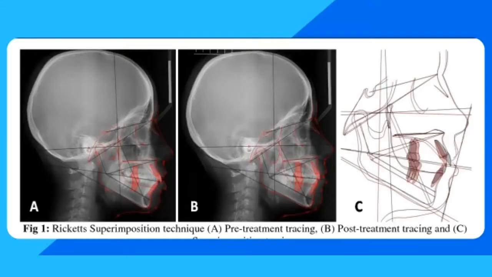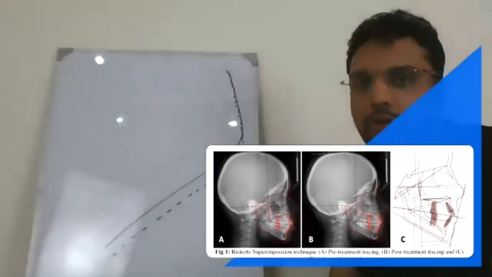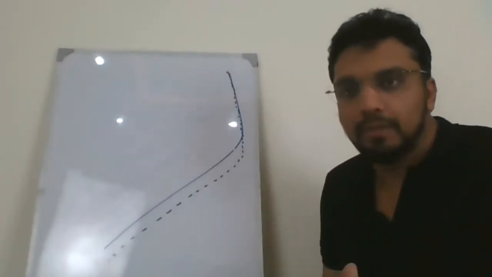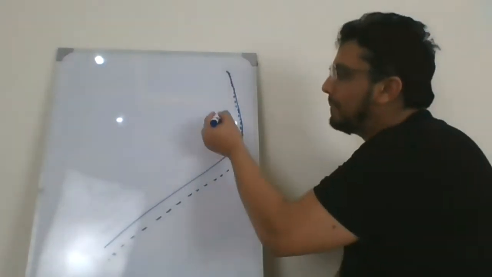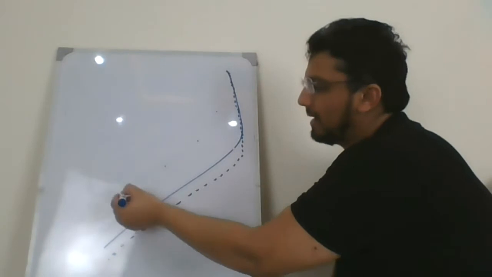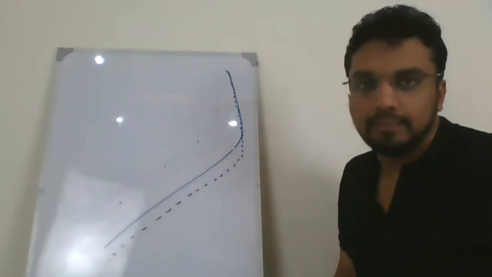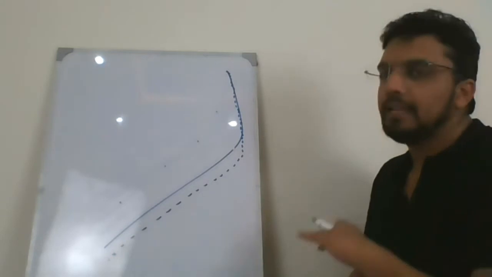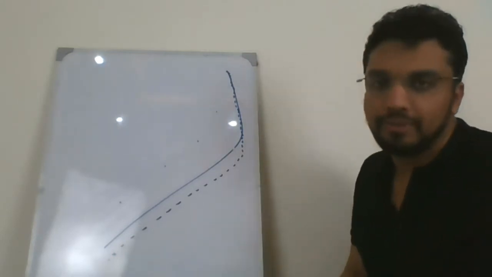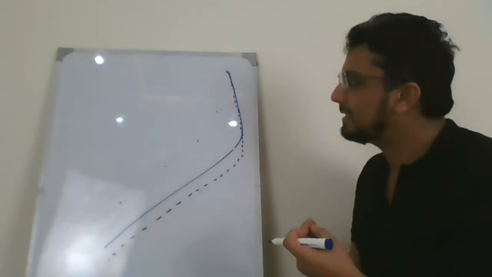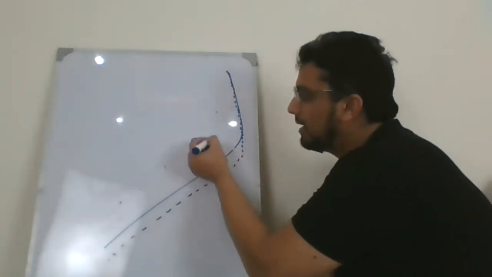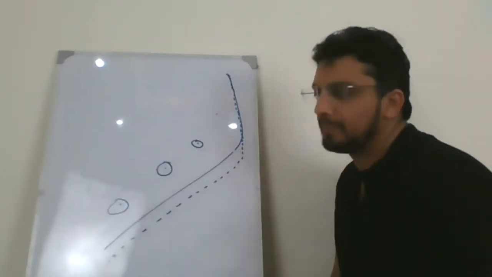So by doing the superimposition you are able to understand the growth rotation. You have placed the pins in different areas of the mandible and taken the lateral radiograph, and then you take the radiograph after certain years, and now you see the changes in the position of these pins.